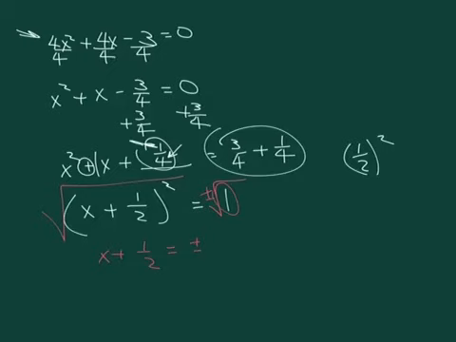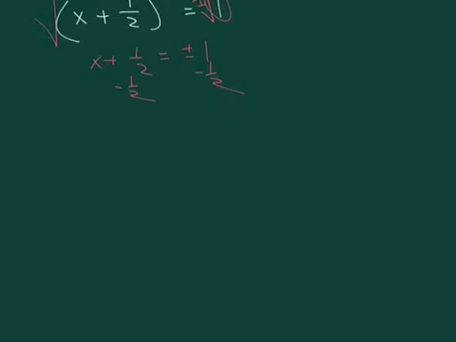What is the square root of 1? 1. Subtract 1/2, subtract 1/2. And I get, let me move this up here. Okay, so move that up. And what we have here then is x equals a positive 1 minus 1/2 and a negative 1 minus 1/2. And then solve.